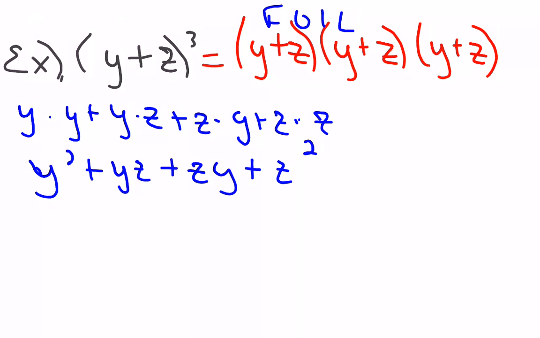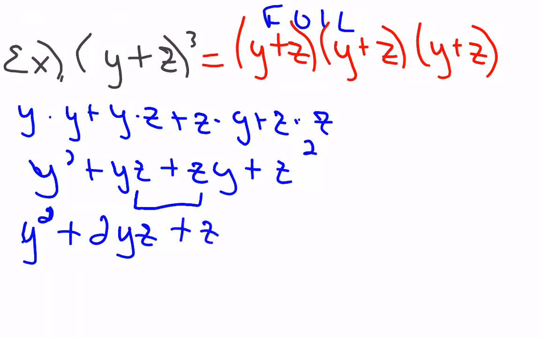And it may not look like it at first that there's any like terms, but these are alike. Remember, we can write them in any order. And so that means we have two of those. So we have y squared plus 2yz plus z squared.